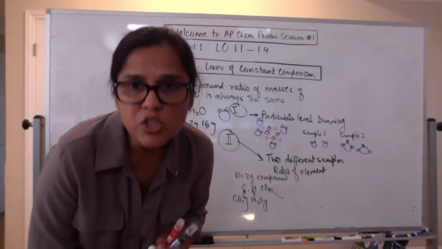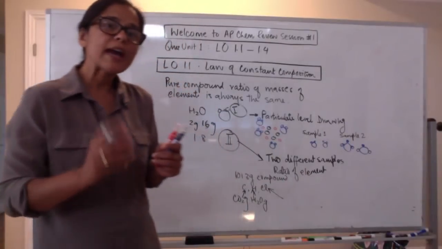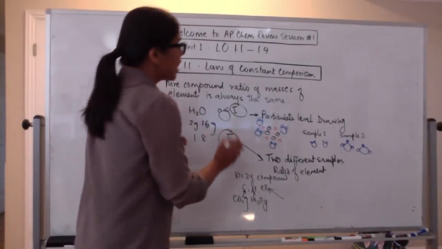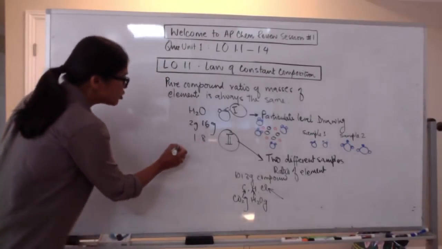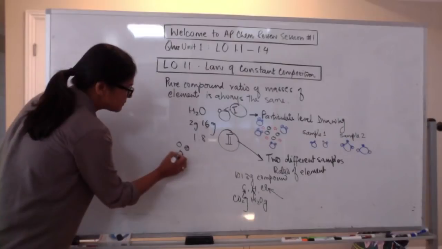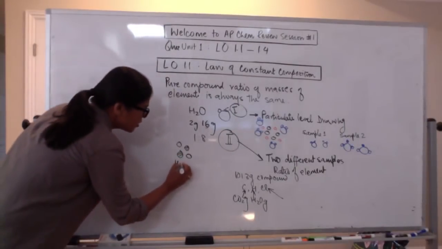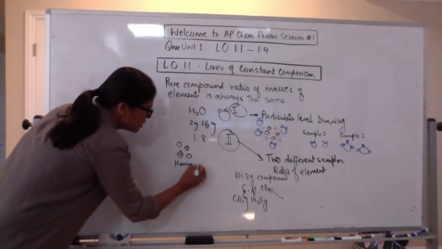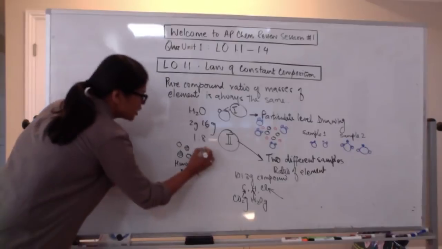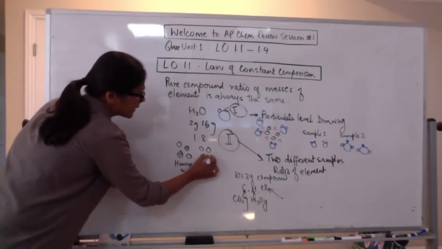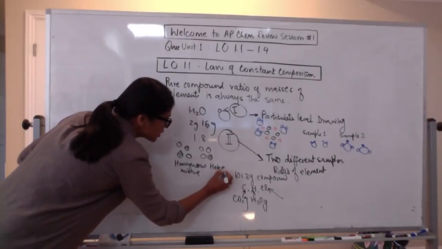So Karina's question: if there are two elements together, would it be a homogeneous mixture? Actually, it depends. If there are two elements together, there can be 3 options, Karina. 2 elements together like this would be a homogeneous mixture. 2 elements uncombined like this will be a heterogeneous mixture.